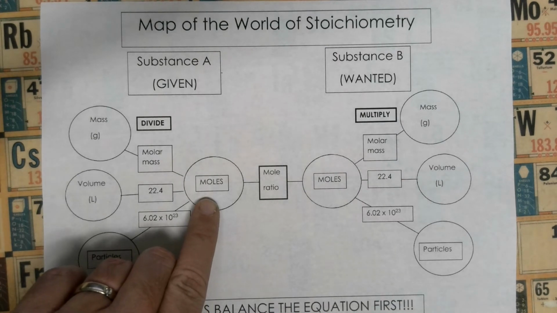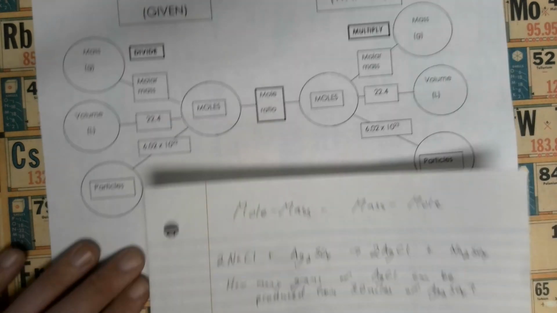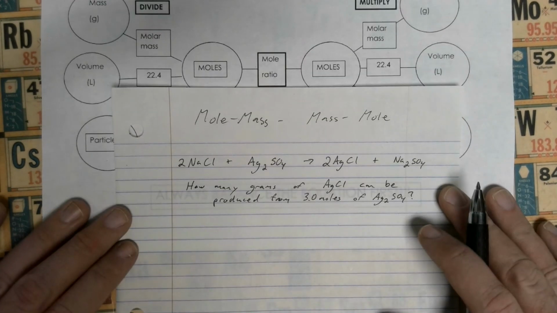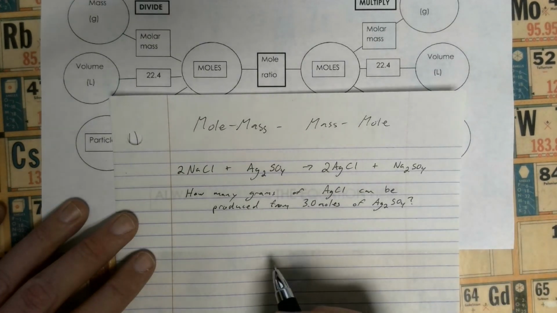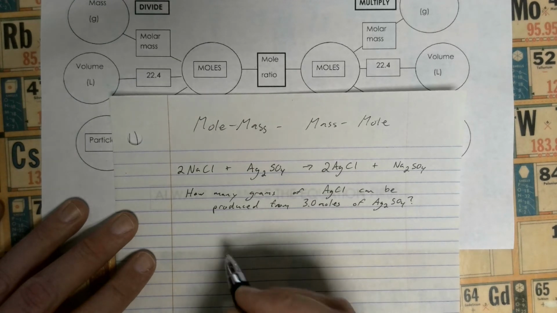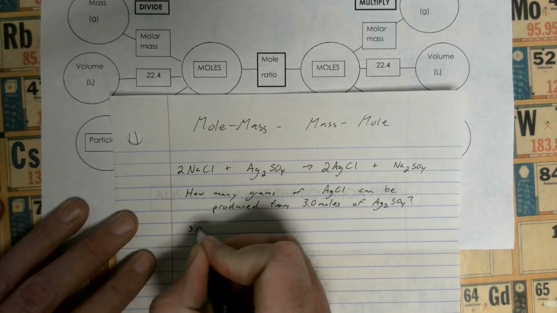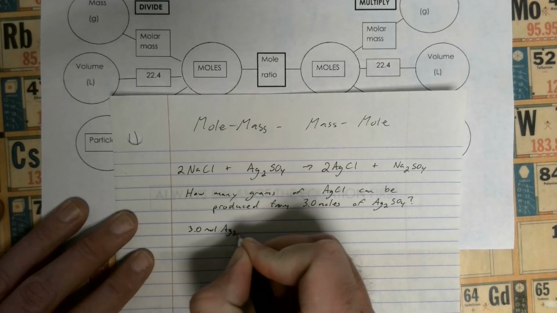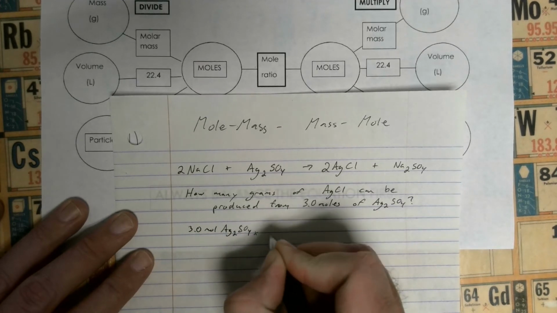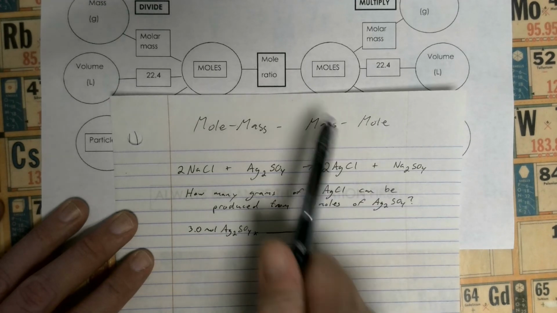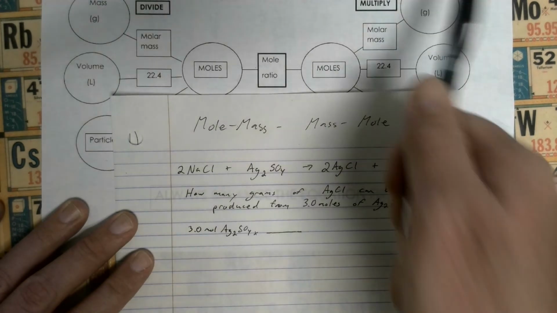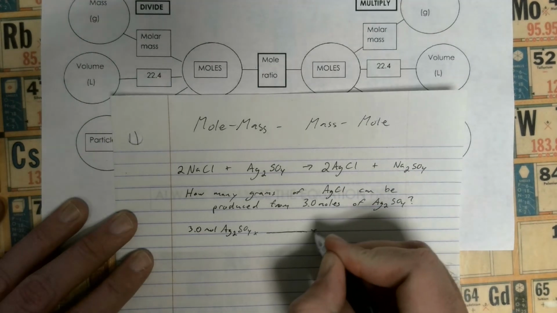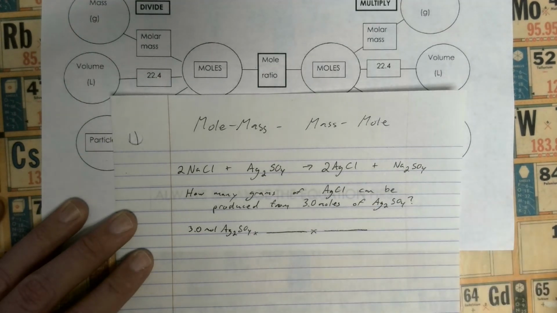Okay, so how do we do that? Well, we're going to start with what's given. So in this case, I have 3.0 moles of Ag2SO4. This is a two-step problem because I'm going moles to moles and then moles to grams, so I know I'm going to have 2 conversion fractions.